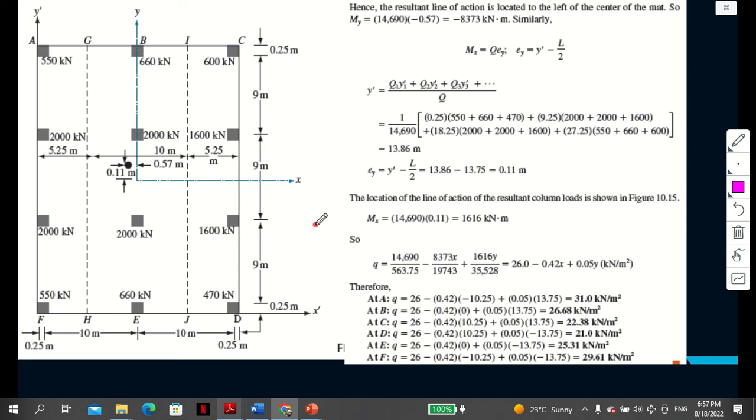Yeah, but remember the distance x or y depends on where you're asked to determine the stress.